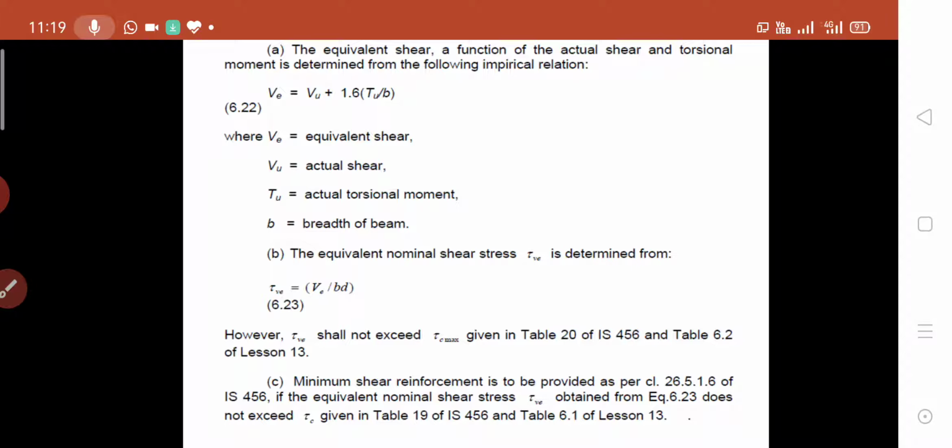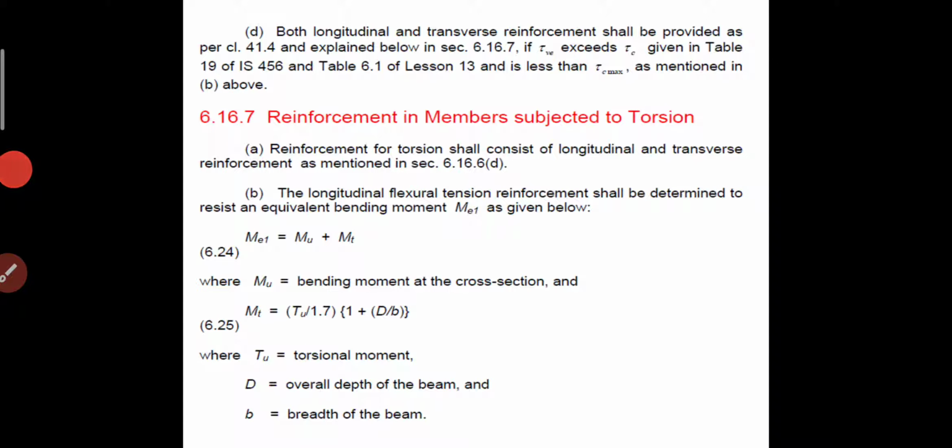Minimum shear reinforcement is to be provided as per clause 26 of Indian Standard Code 456 if the nominal shear stress tau V does not exceed tau C. Both longitudinal and transverse reinforcement shall be provided as per clause 41 of Indian Standard Code, as explained in section 6, if tau V exceeds tau C given in table 19 of Indian Standard Code 456:2000.